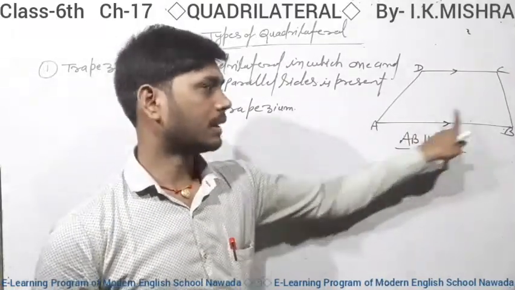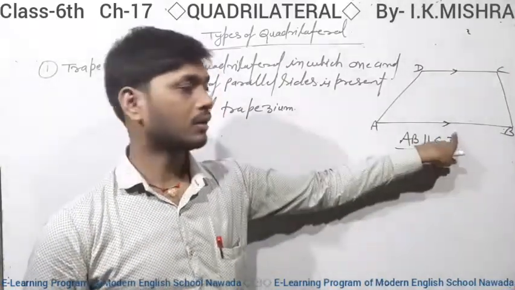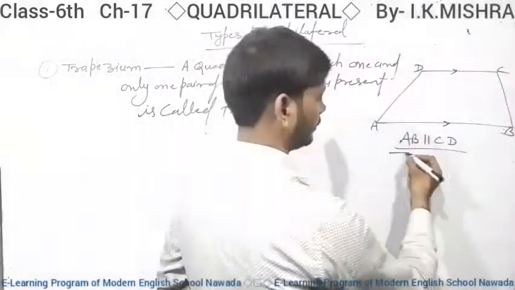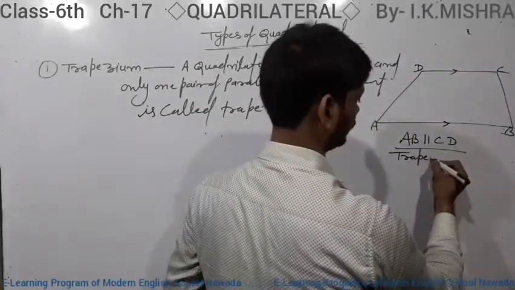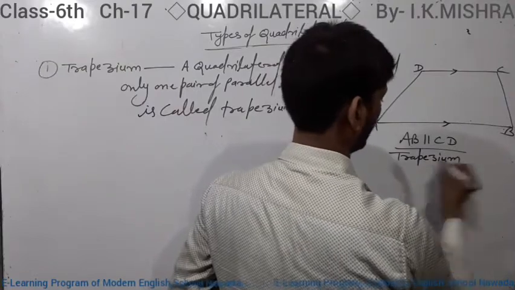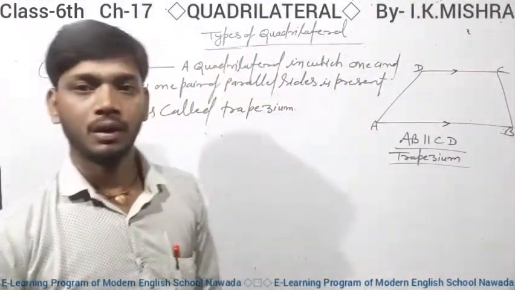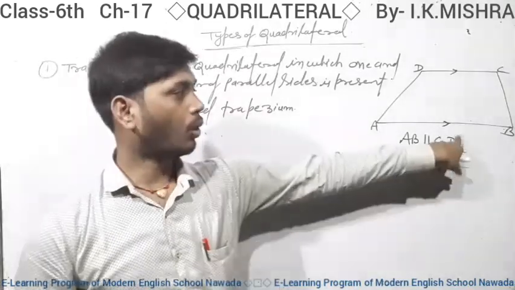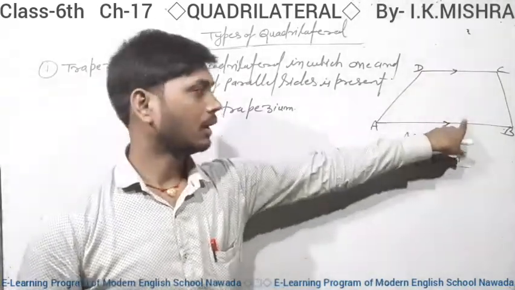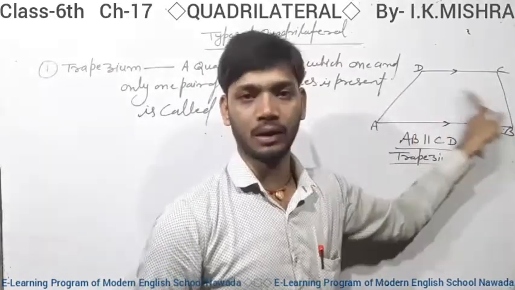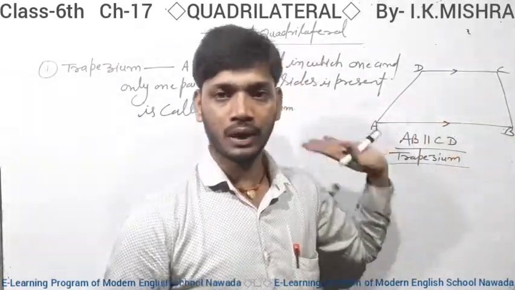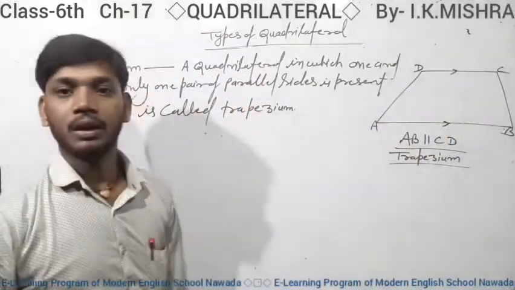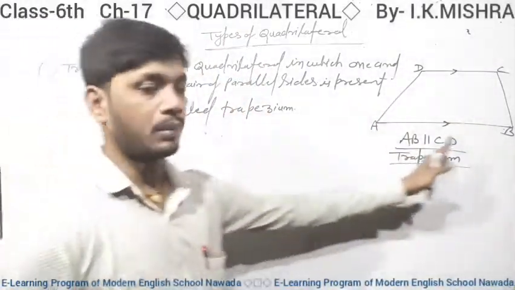These are parallel sides, one pair of parallel sides. So it's a trapezium, because it has one and only one pair of parallel sides. Here these two sides are non-parallel sides. Clear, friends? Here ABCD is a trapezium, and AB and CD are parallel.